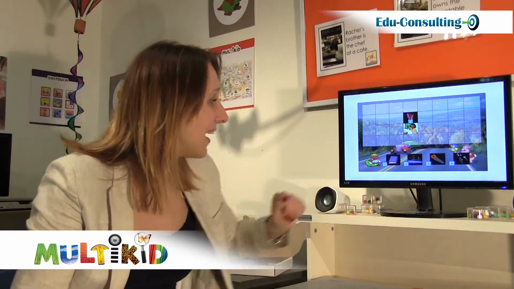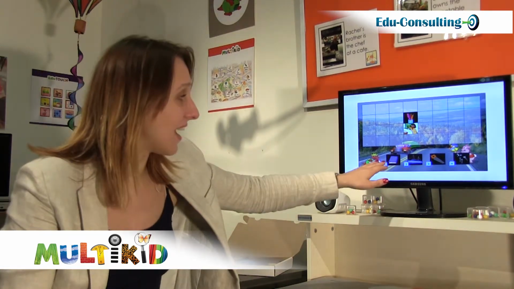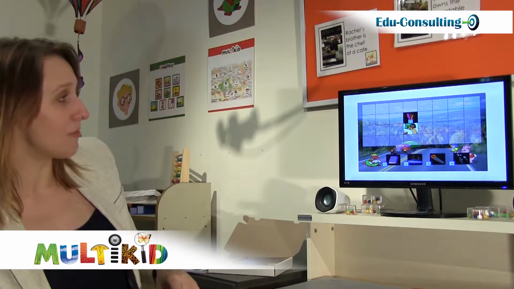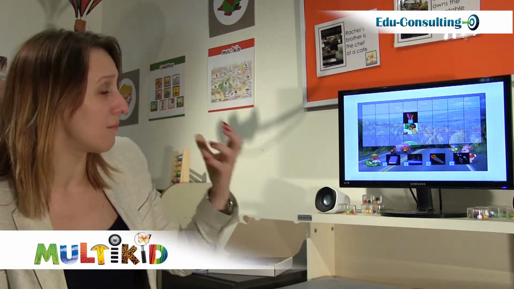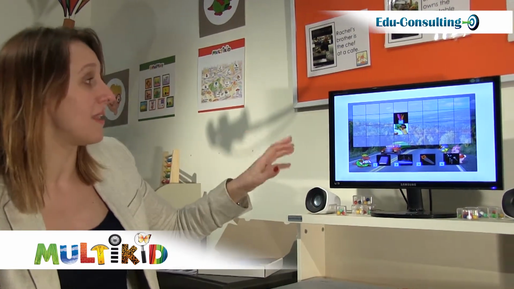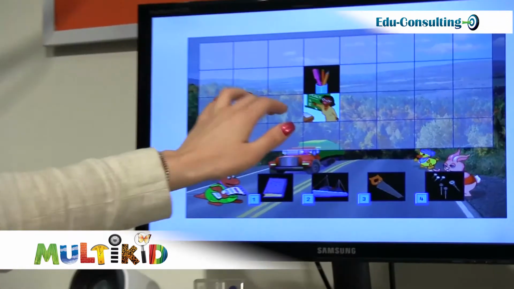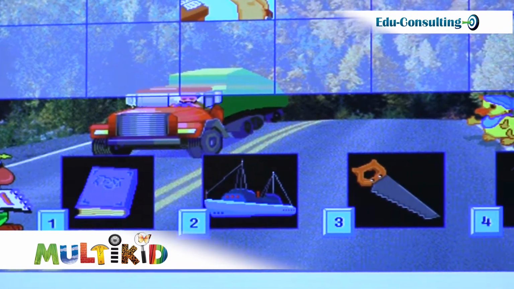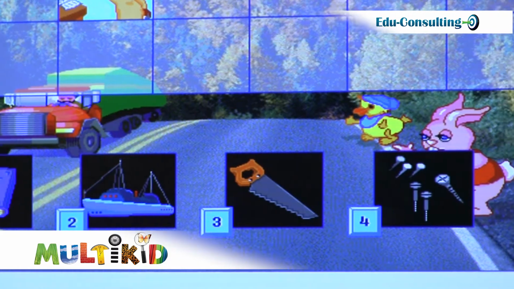Then the kids need to find the right answer which most fits this profession. This activity is aimed not only at developing vocabulary, but also at developing memory, visual memory, and attention, because there is a special cell which is lit up during the activity and children have to remember in which cell to put a specific object.